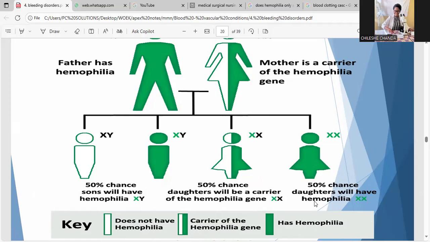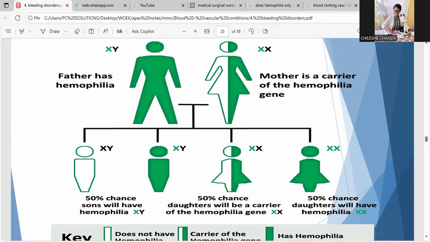So we find that the first child, if a male, may not carry it, because he has inherited the Y chromosome from the father that is not affected and the X chromosome from the mother that is not affected. However, the second son is likely to be affected because he will get the X chromosome from the mother that is affected.